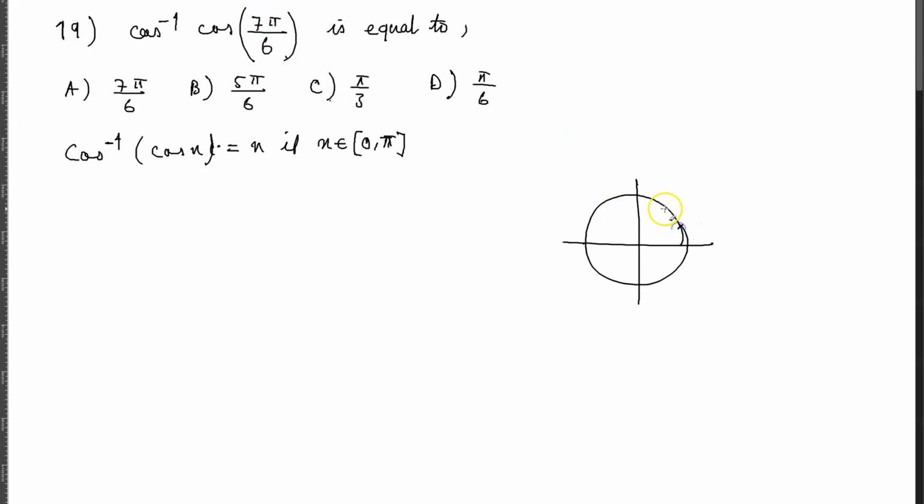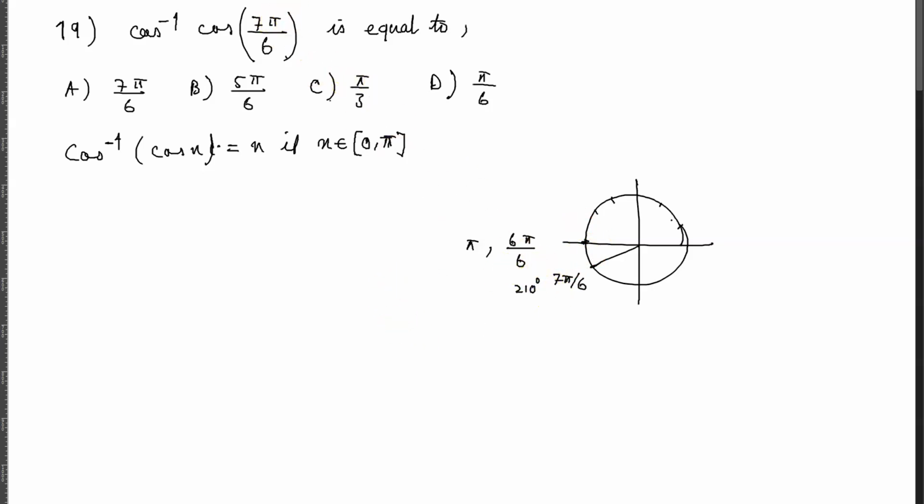So you have 1, 2, 3, and 4, 5, 6. So that is 6 pi by 6, which is equal to pi. And then if you go another pi by 6, you will get to this angle, which is 7 pi by 6, which is 180 plus 30, which is equal to 210 degrees.